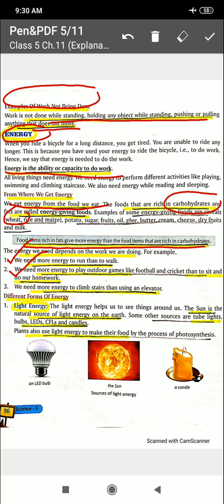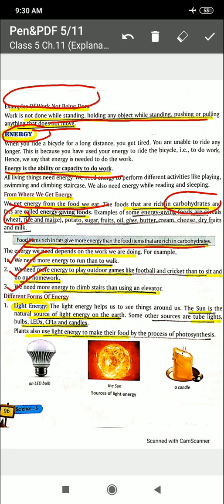So that means we require more energy to play the outdoor games comparative to sit and do our homework or to sit and play some indoor game. Third is we need more energy to climb stairs than using an elevator or lift.